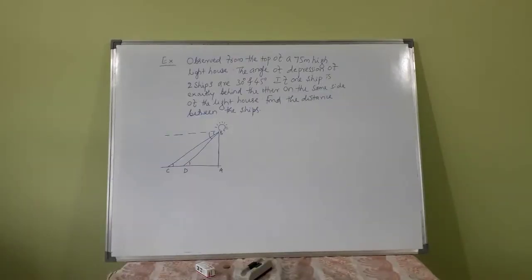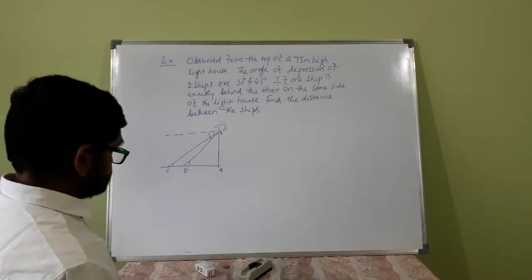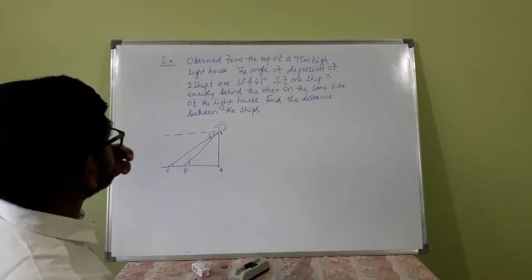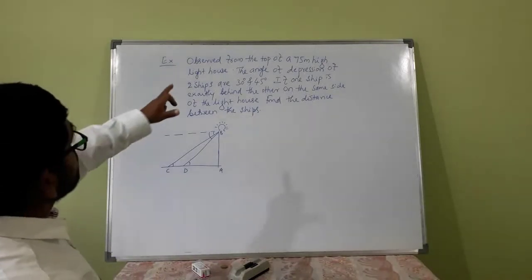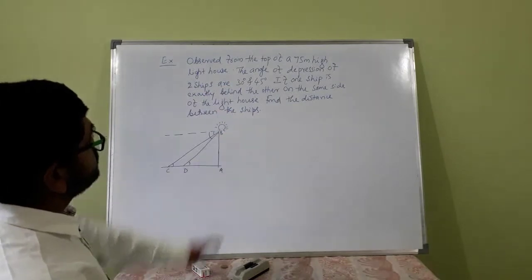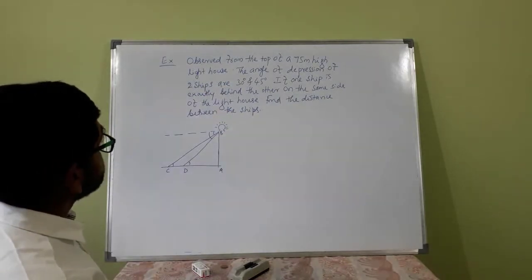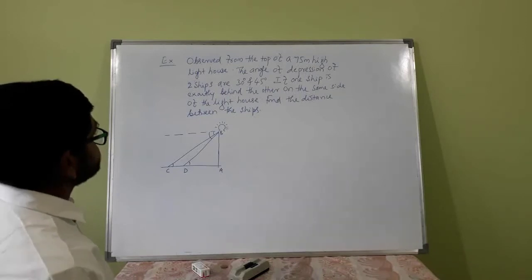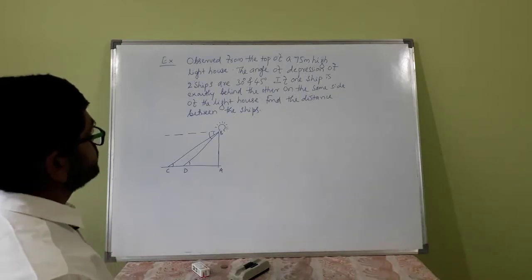See, consider another example. The content of this example is lengthy, but the solving is simple. Don't worry. Observed from the top of a 75-meter high lighthouse, the angle of depression of two ships are 30 degree and 45 degree.